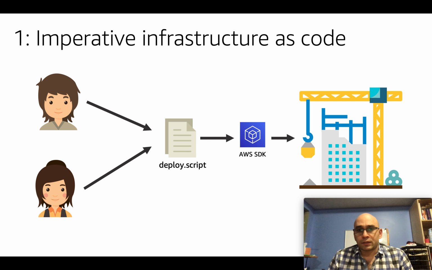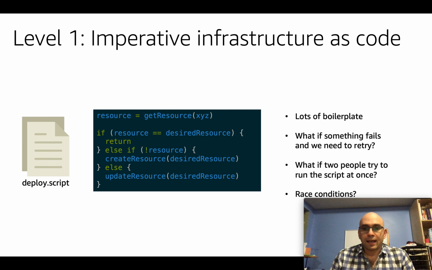So you can bundle all of that code in a deploy script, and you can share it or you can run it, and you can basically check it into Git, and then you can make sure that it's version controlled and things like that. But as nice as it sounds, there's a lot of potential problems with this approach.